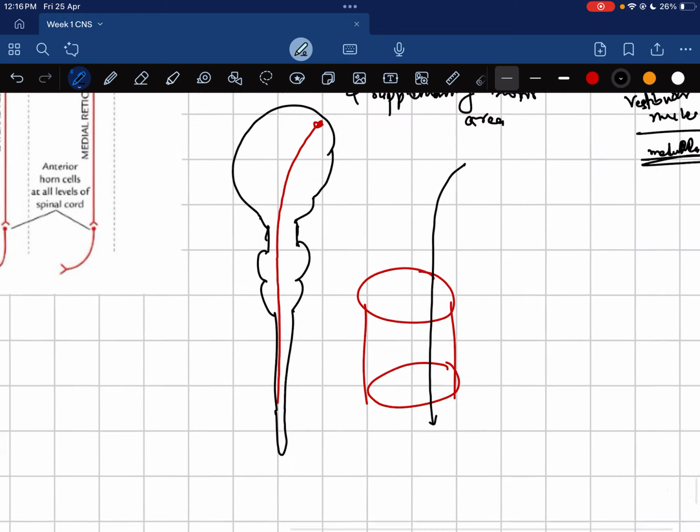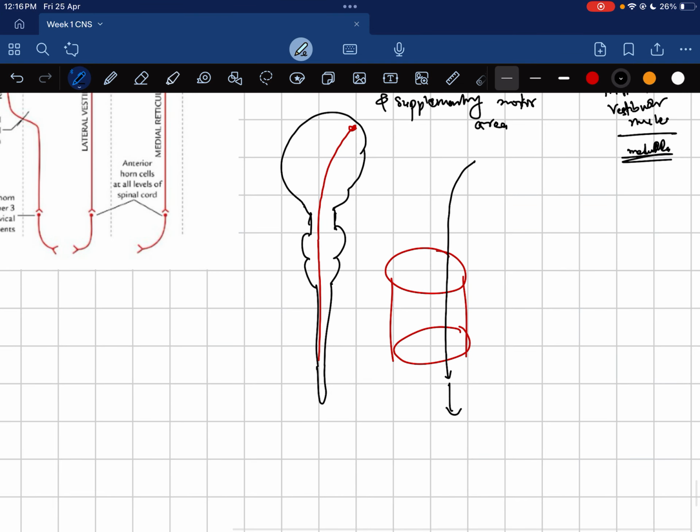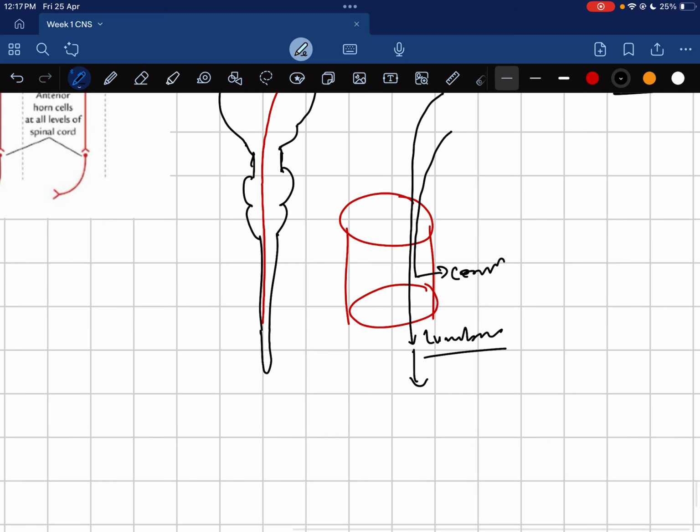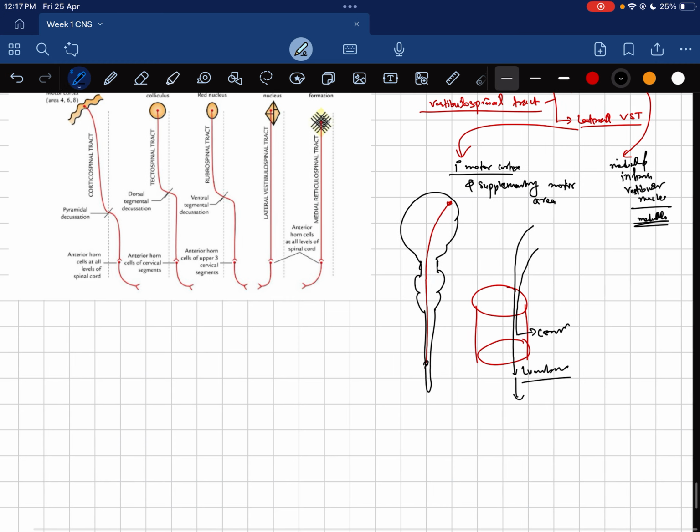Lateral goes to the lower limb region, and the medial goes to the upper limb, like the cervical region. It goes in the lumbar region, and this terminates on the same side of the nucleus, like the anterior nucleus.